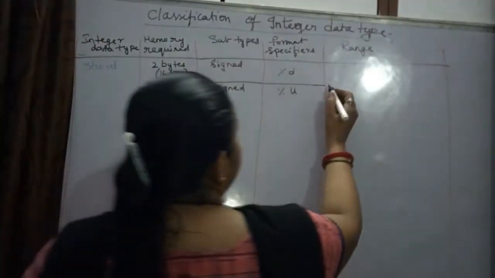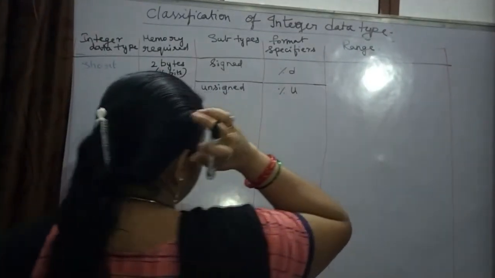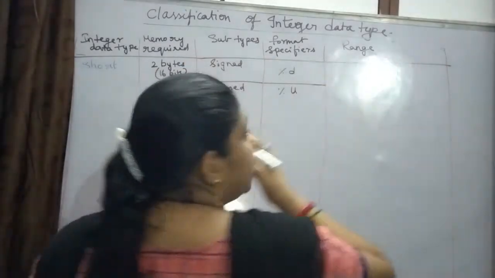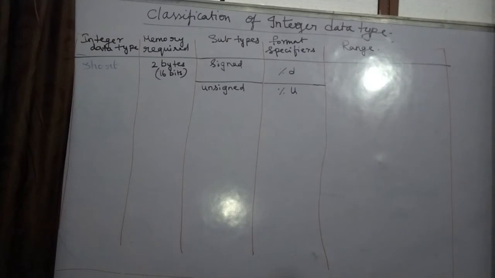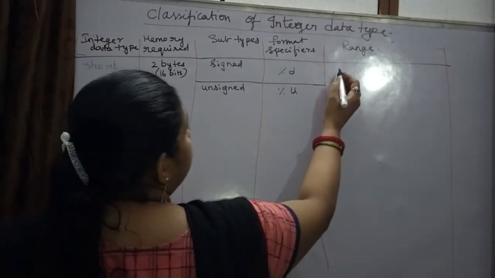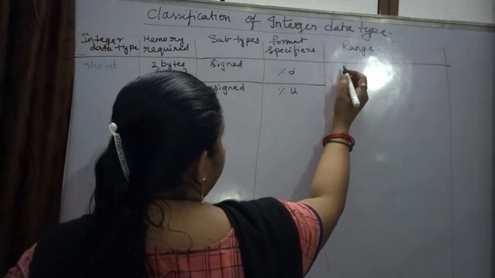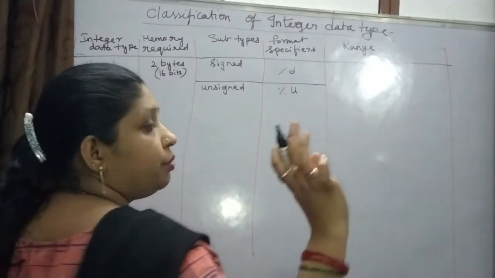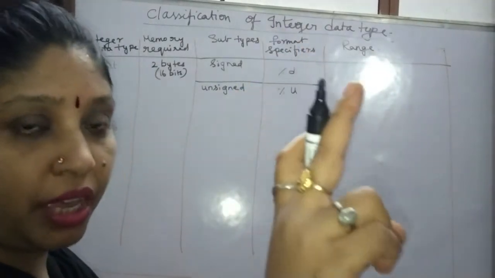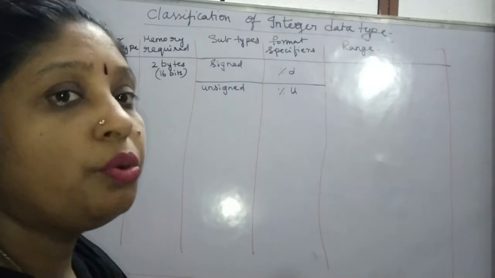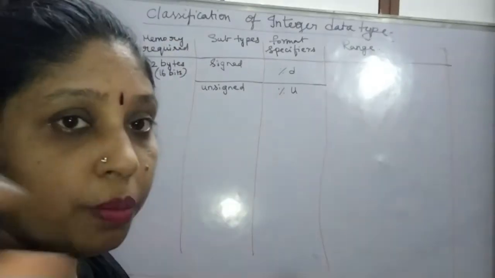Okay, now the range we have discussed just now. For signed, we calculated with one formula: minus 2 to the power of n minus 1 to 2 to the power of n minus 1.